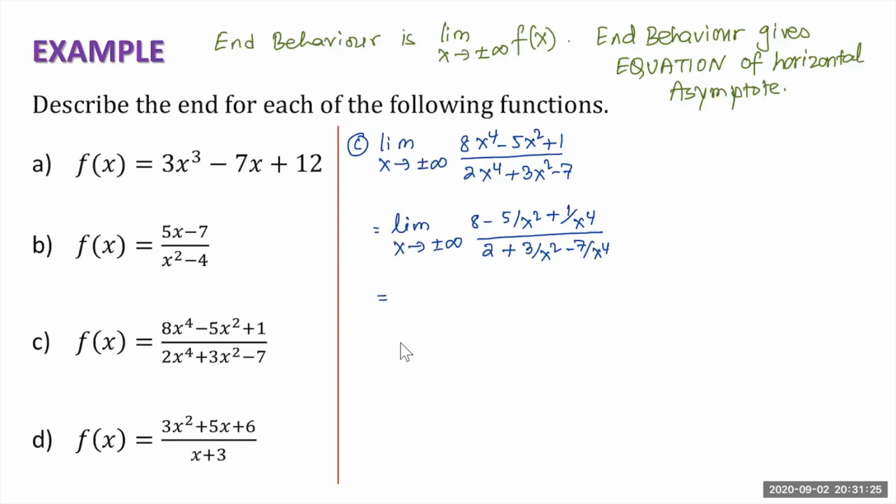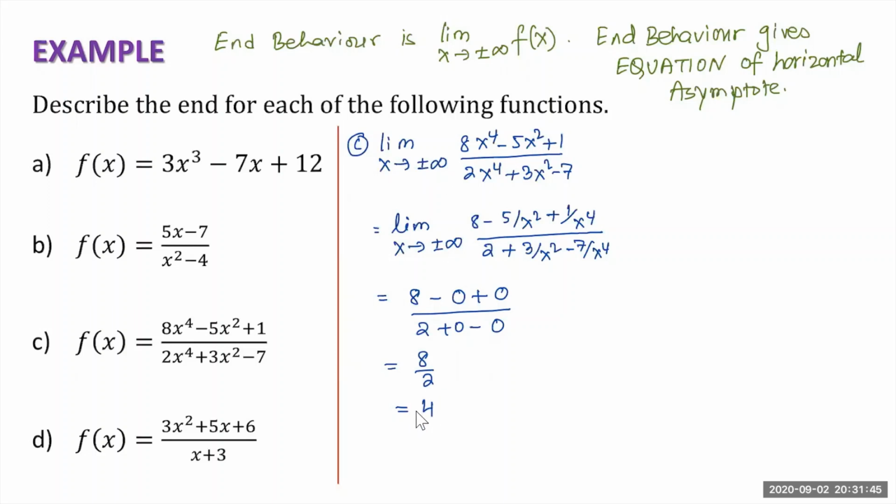So what we'll get is 8 minus 0 plus 0 divided by 2 plus 0 minus 0, which is equal to 8 over 2 or 4. So we get the limit as x approaches positive or negative infinity as 4.